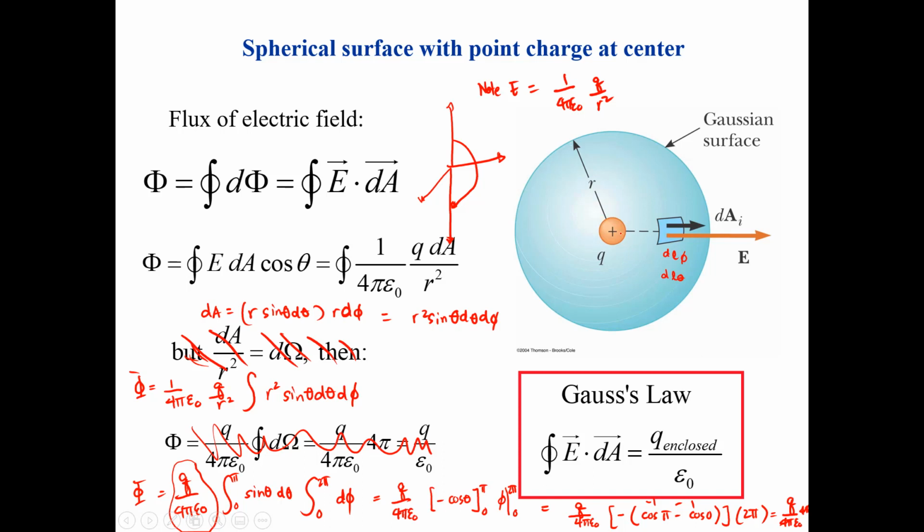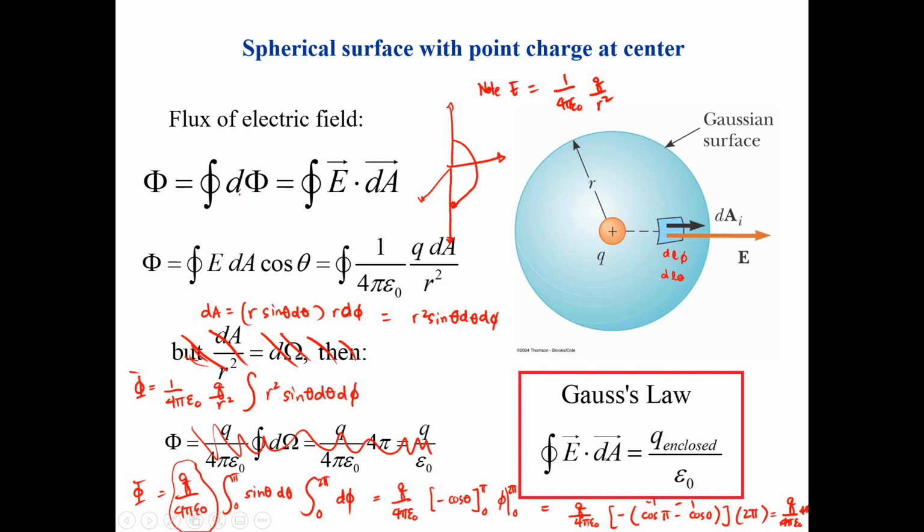Now suppose we take a very small area here, an infinitesimal area dA. For this area, we have a flux equal to dphi. And if we want to know the total flux for this spherical surface, we just have to integrate dphi.